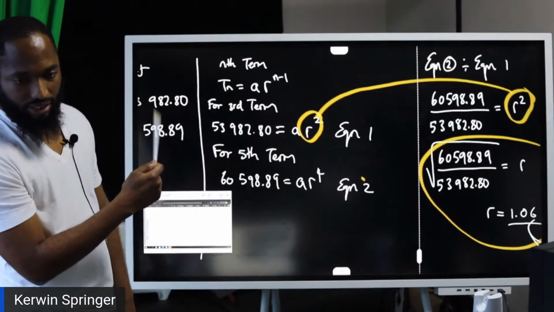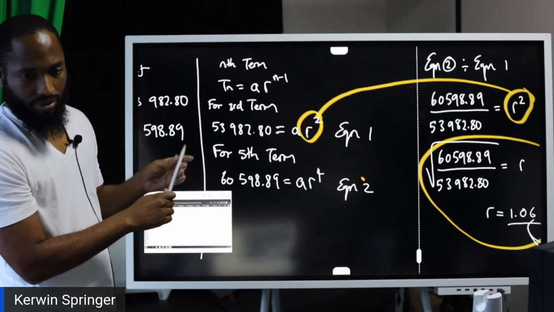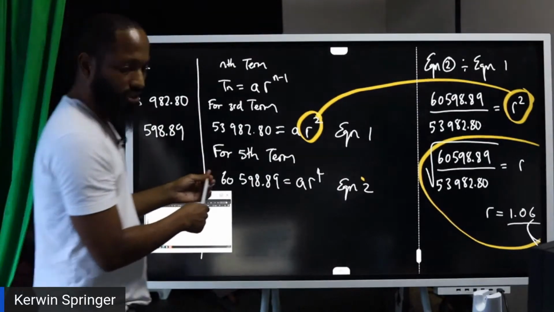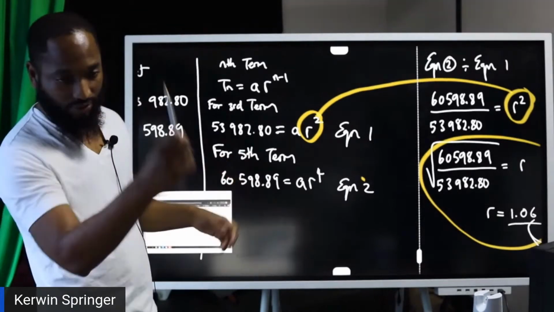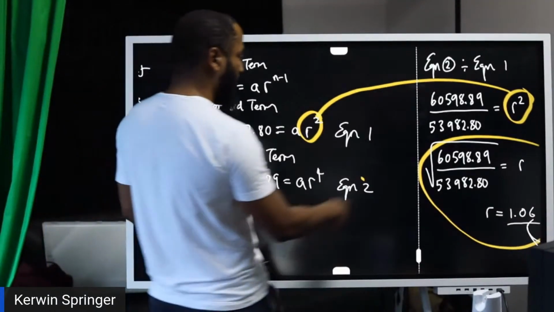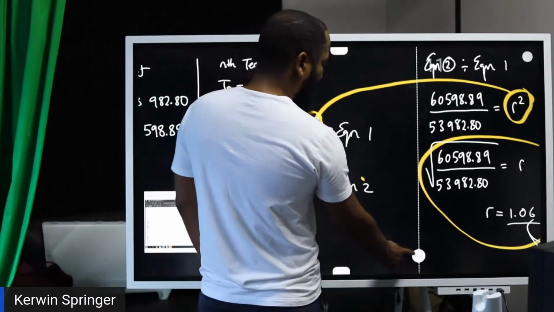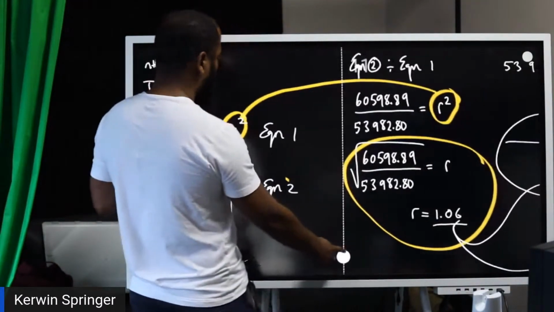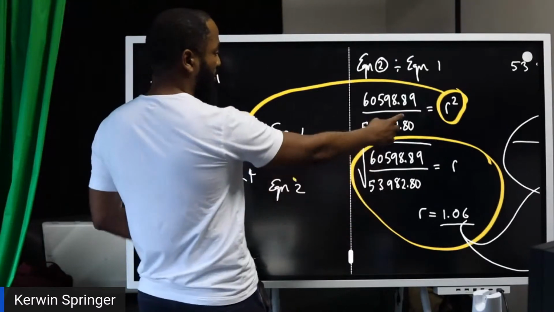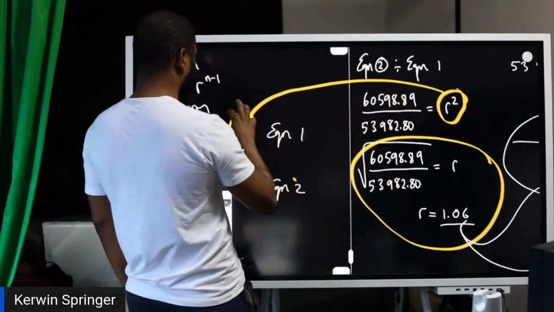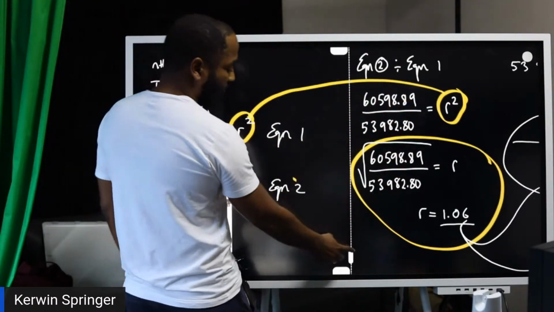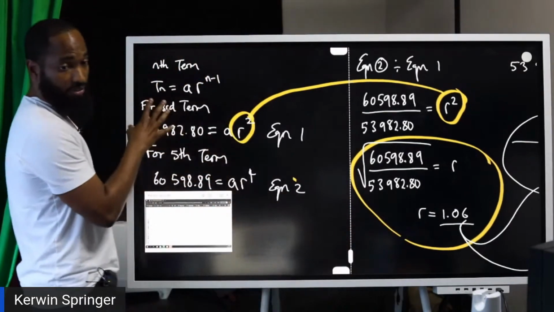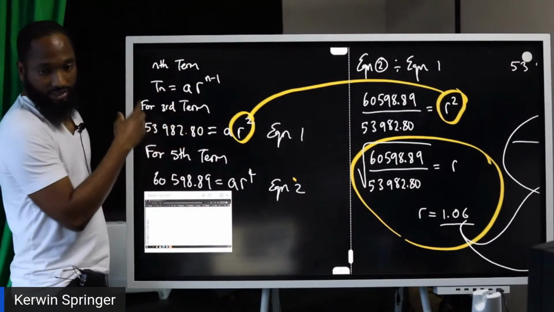Are you getting the correct answer? I'm waiting on a correct answer for the next part. When you get R as 1.06, you can get the value of A here. Or I substituted for R squared, so I can stop right there, get R squared, and substitute it in this part here and find it.